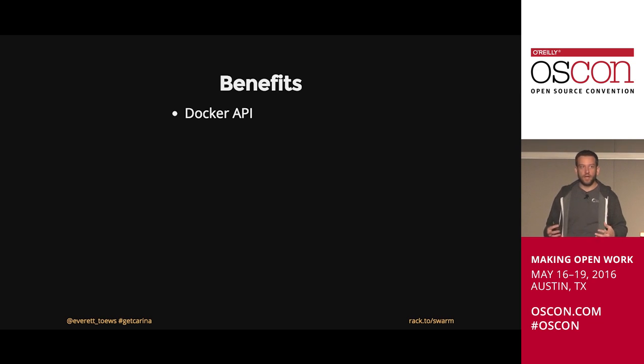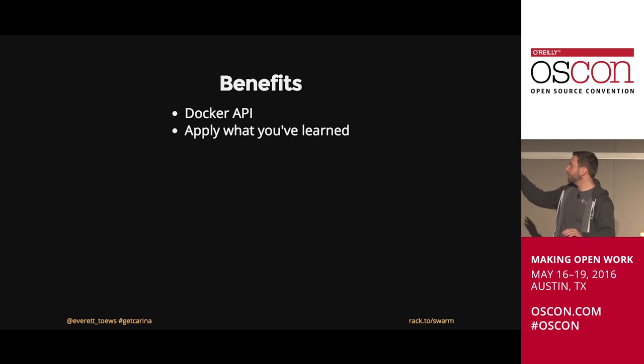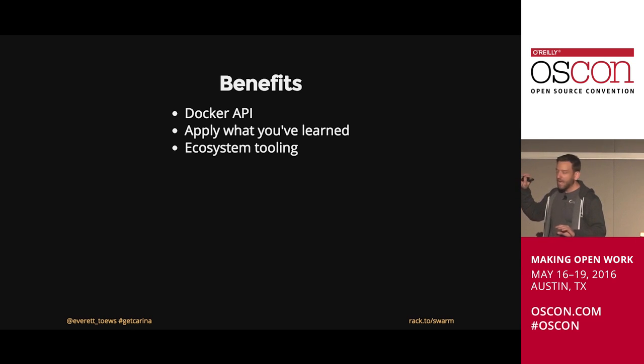Because they have the same API, you're running the same commands. So you can apply what you've learned, as I said. That also means you can take all the tooling that you've built up around Docker, and the entire ecosystem of tooling that's been built up around Docker, and apply it to Swarm immediately. There are some caveats there, and we'll get into that in the second part of the presentation.